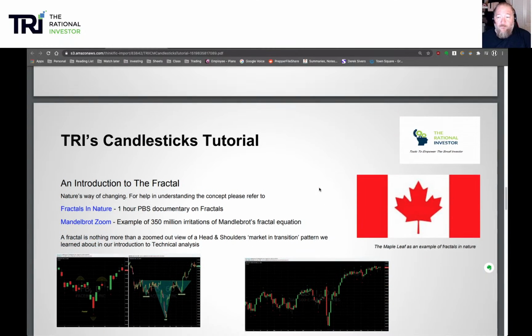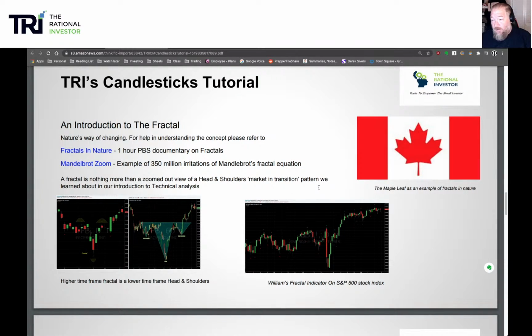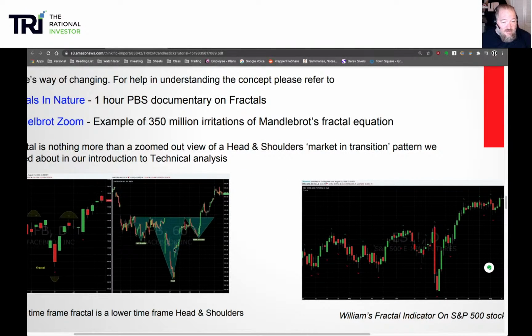Then we get into our three bar reversal pattern, which we call a fractal. Well, that's just the industry term. What a fractal is describing, really, on a lower time frame, is something like a head and shoulders, like he shows here, an inverted head and shoulders.